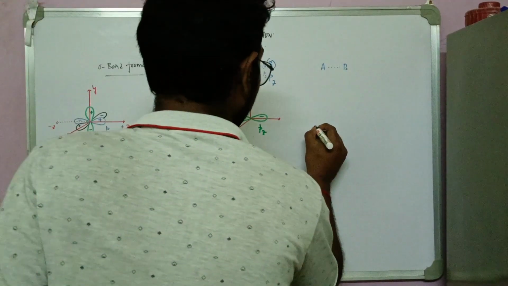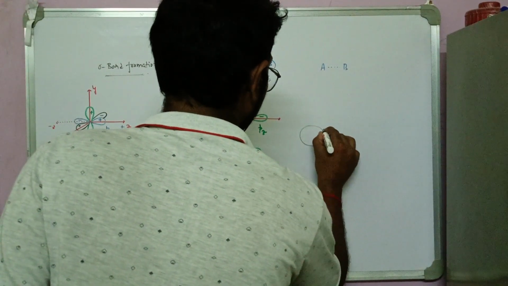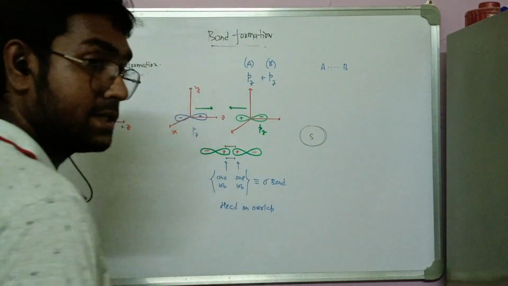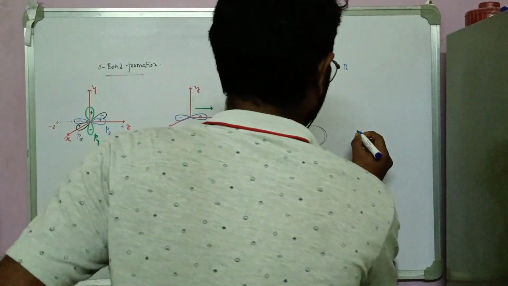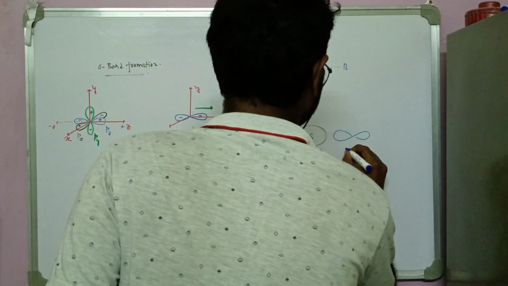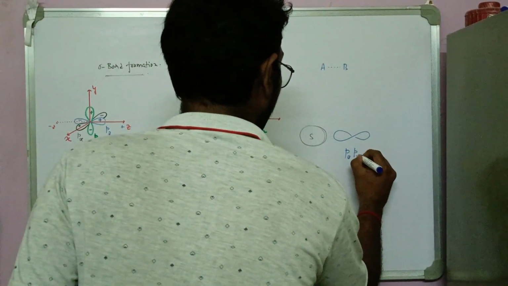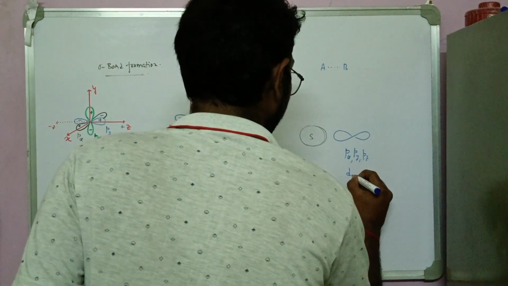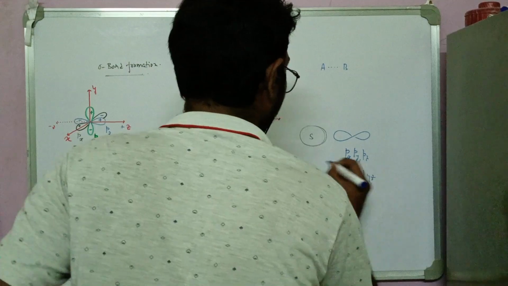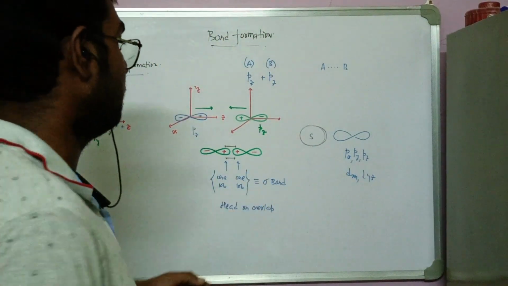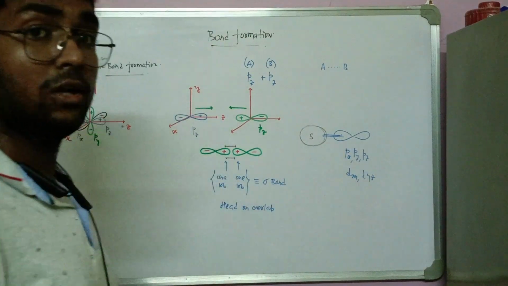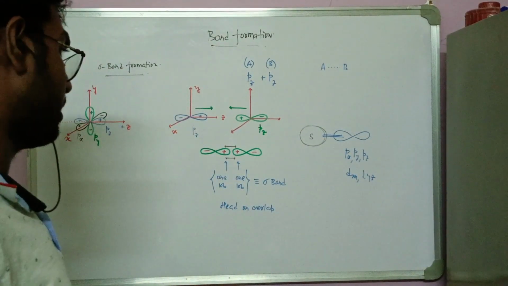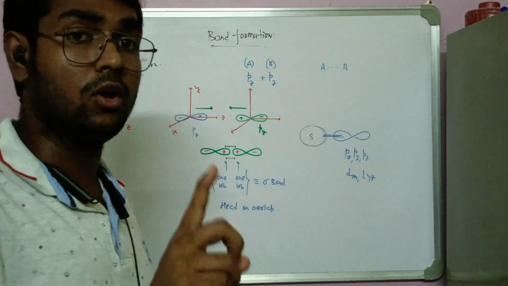And another thing, if I tell you that if an s orbital is present, no matter what orbital is the second atom, that is it can be px, it can be py, it can be pz or dxy, dyz, no matter what orbital comes from the other atom, it will always form one lobe interaction, because s is spherically symmetric and it has only one lobe.